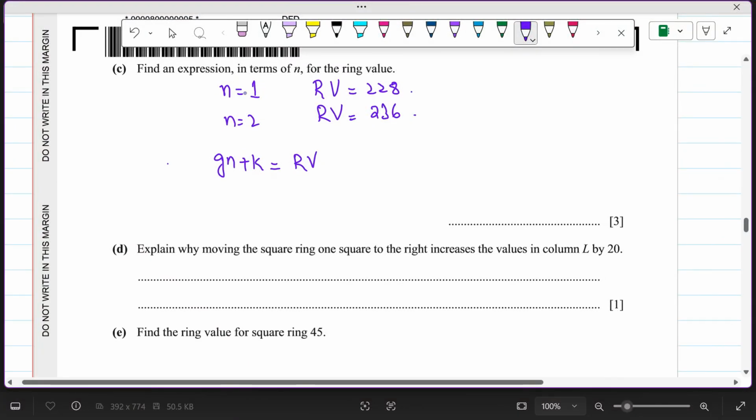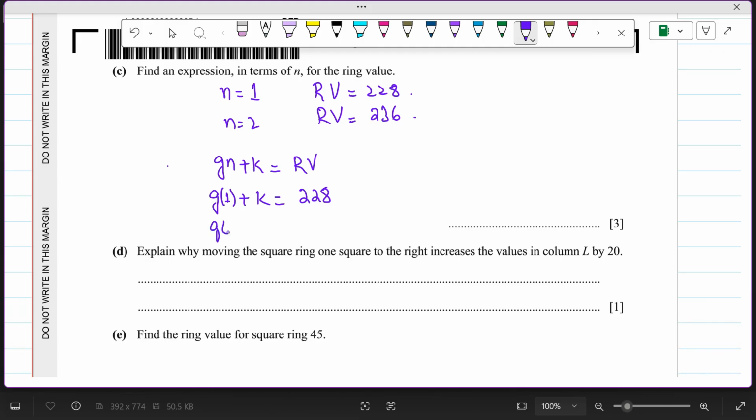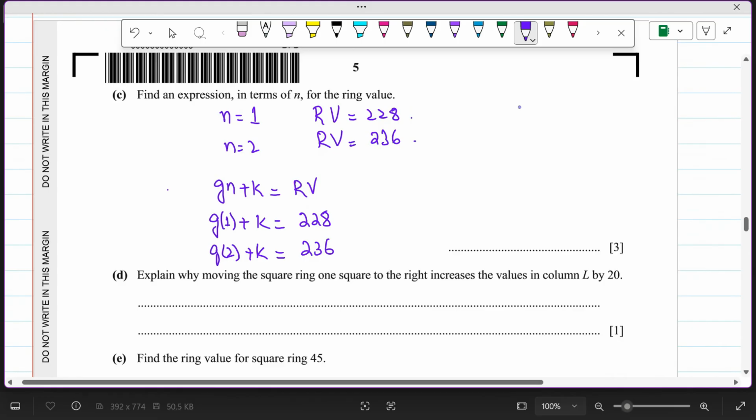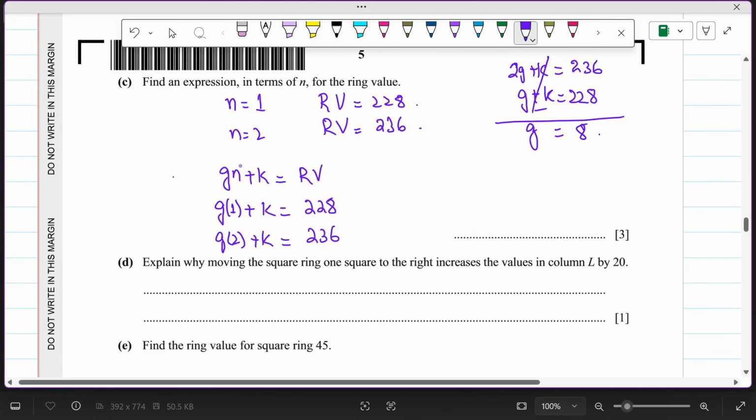In this case, when n is equal to 1, G times 1 plus k is equal to the ring value of 1, which is 228. Similarly, when n is equal to 2, we have G times 2 plus k equals 236. So we have G plus k equals 228, and 2G plus k equals 236. Subtracting, k is cancelled out, and we have G equal to 8.